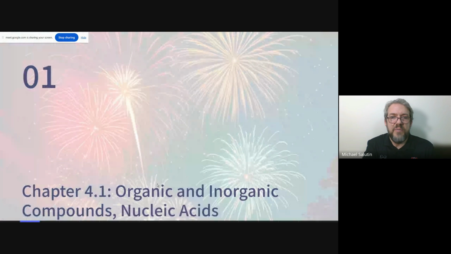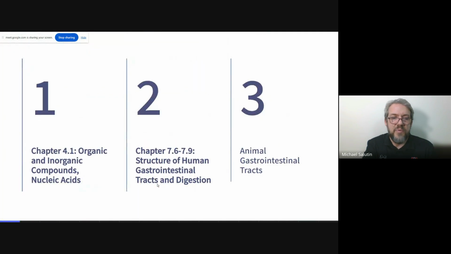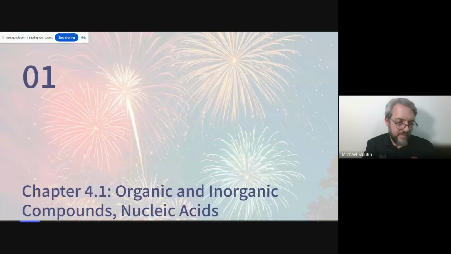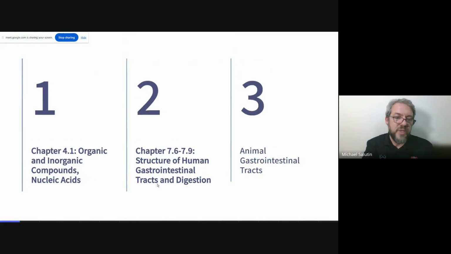You should be able to describe the rumination process and the process of digestion in ruminants, and you should be able to describe the different stages of digestion in humans and other monogastric animals. Okay, so this should cover everything.